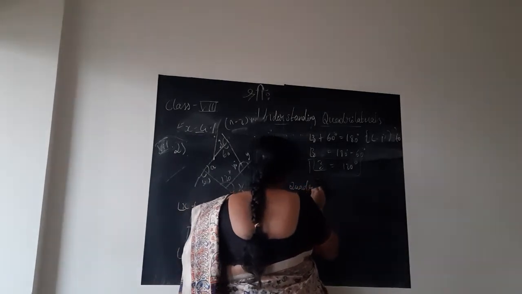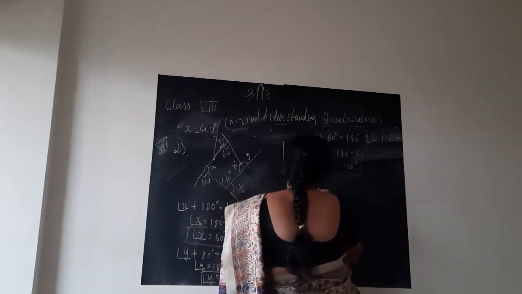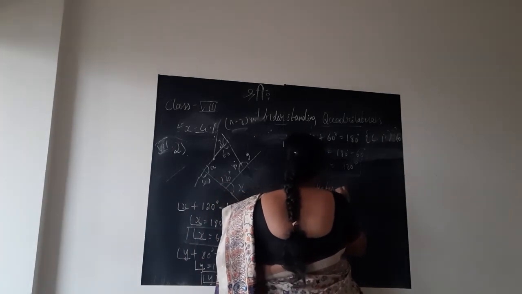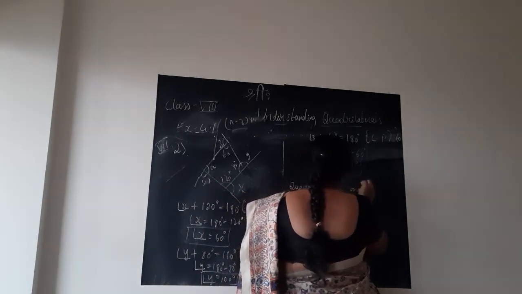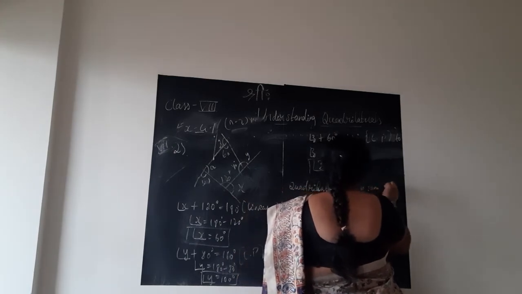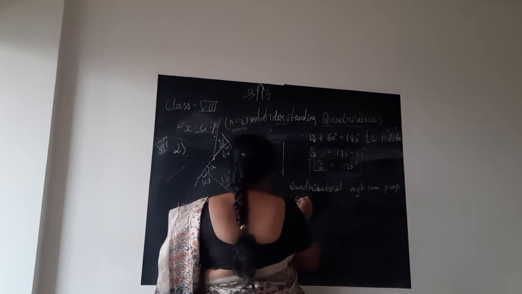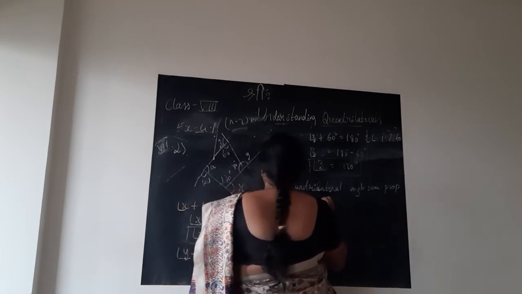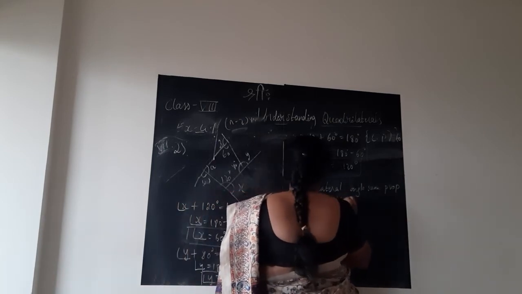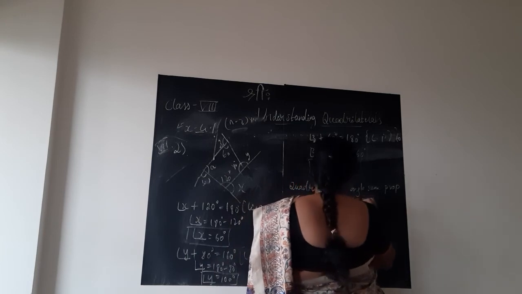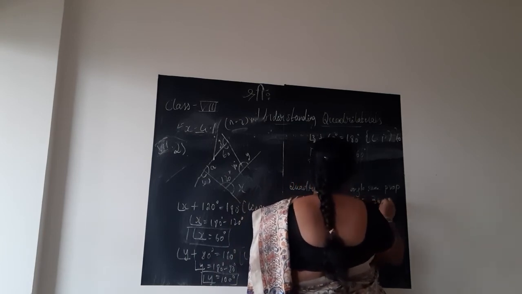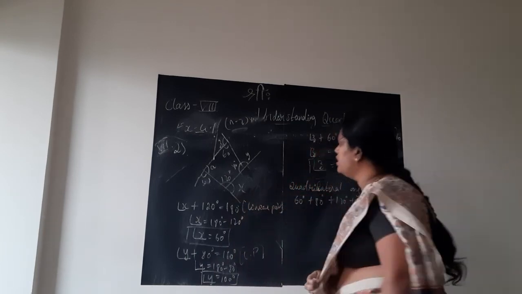So, according to the quadrilateral angle sum property, 60 degree plus 80 degree plus 120 degree plus angle A is 360 degree. It is a quadrilateral, no?